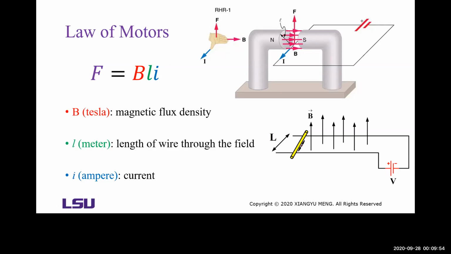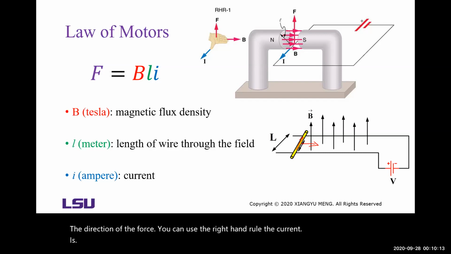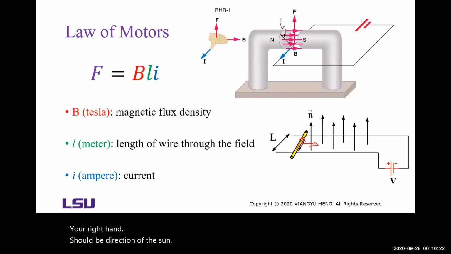The force is to the right. To determine the direction of the force, you can use the right-hand rule. The current flows in this direction. If you use your right hand, it will be the direction of the thumb. Then all the other fingers point up.